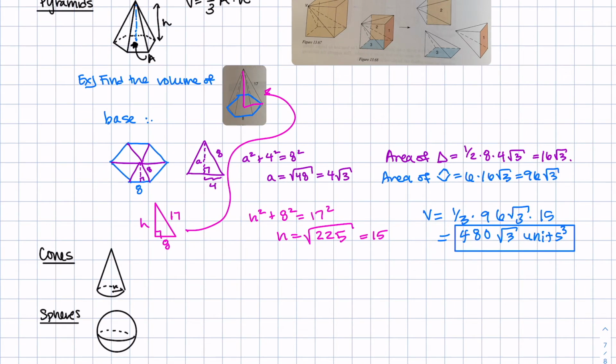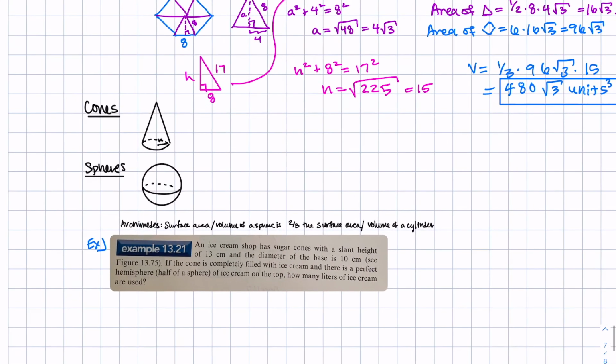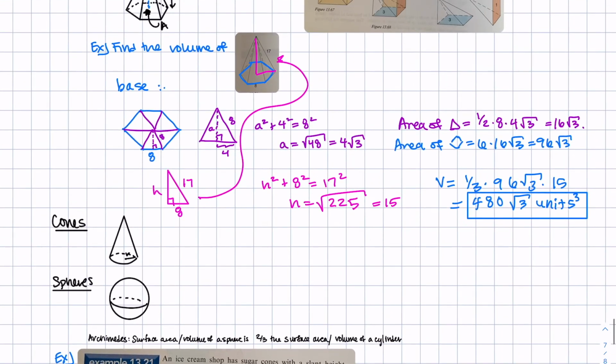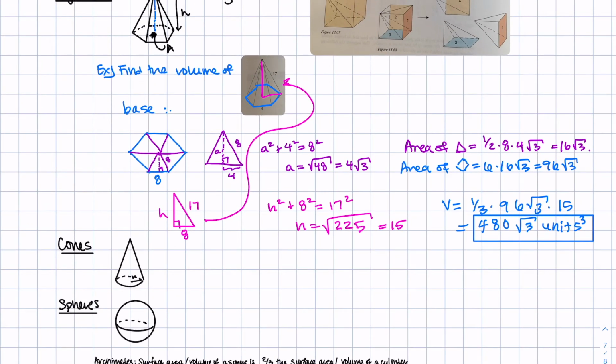Okay, so finishing off with the last two volume formulas that we're going to use. If we're talking about the volume of a cone, the shape of a cone is very similar to the shape of a pyramid. So we would expect that these volume formulas should be roughly the same.